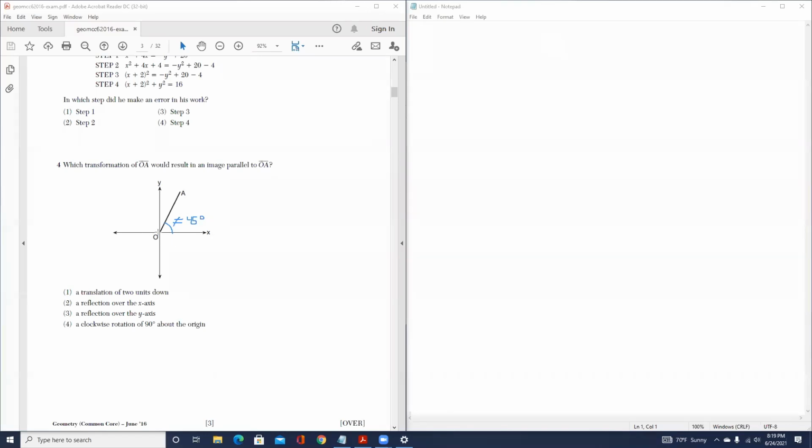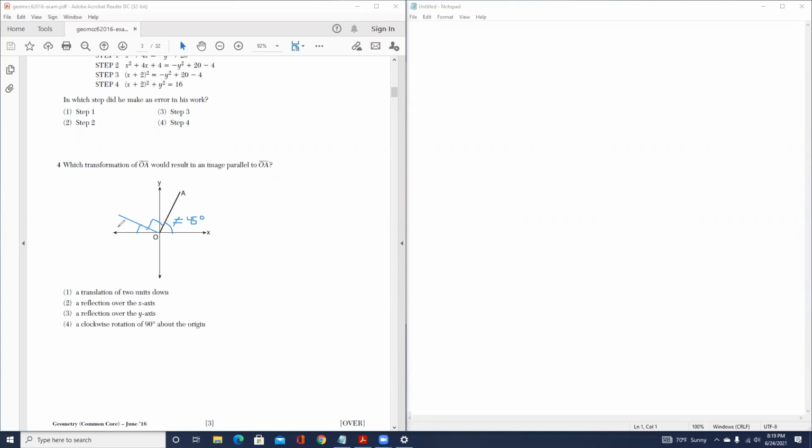And if you were to rotate this 90 degrees about the origin, in turn, you would get a line that looks like this, where this angle would be 90 degrees. And whereas the original line had a greater rise in y than a run in x, this line has a greater run in x than a rise in y.